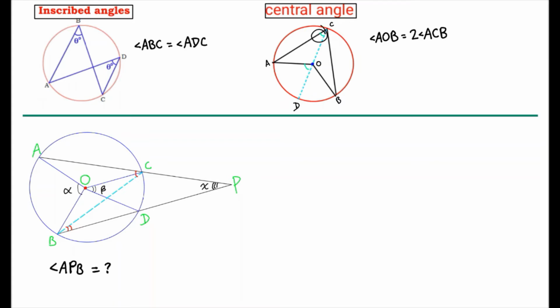Well, first of all, angles CAO and ACO are the same. This is because these two lines AO and CO are the same, since they're both radii of the circle.